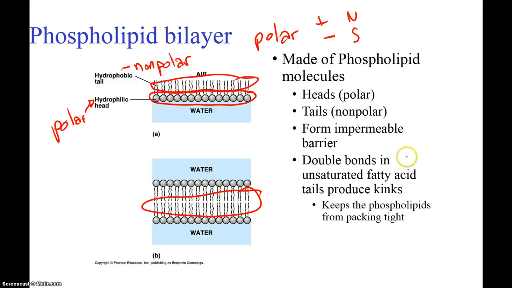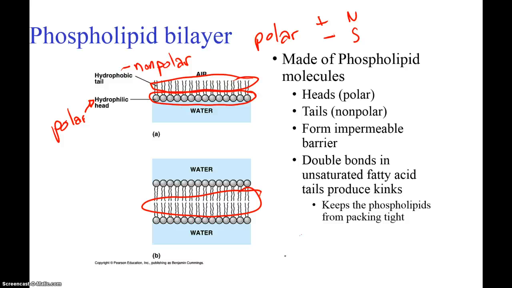Now, very important that you know that double bonds in unsaturated fatty acid tails produce kinks. I'm not going to draw it. Just look at your POGL, which does a really good job on the very first page, Model 1. You see a double bond between two carbons that causes that fatty acid tail to turn almost at a 90-degree angle. Since it does that, these phospholipids cannot get close enough to form a solid.